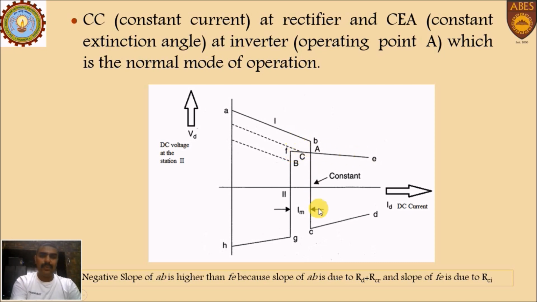These two graphs intersect each other at point A. So this point A is the operating point, and this is the normal mode of operation.